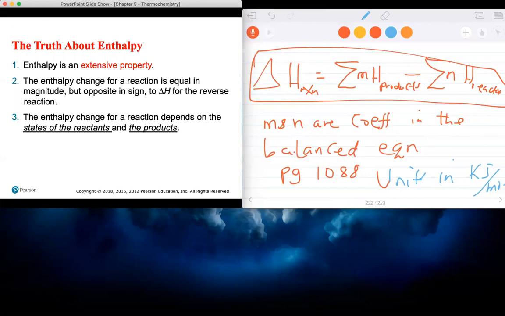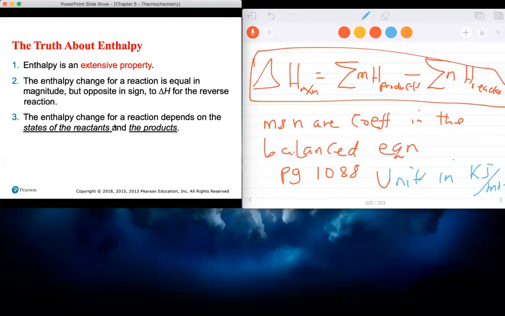Enthalpy change for a reaction is equal in magnitude but opposite in sign if we reverse the reaction. Yes, if you reverse the reaction, the sign will also change. So remember when we flip, especially when we talk about Hess's law, if you change the equation, that means you flip the products to be the reactants, and vice versa, and the sign will change for the equation.